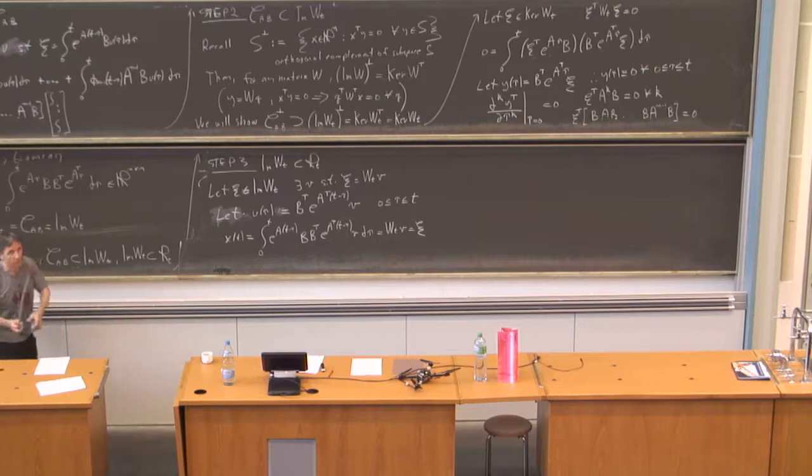Okay? So, to summarize, we've shown that these three subspaces are the same. This is what we really cared about. We wanted to characterize all the states that we could get to given a certain amount of time t.